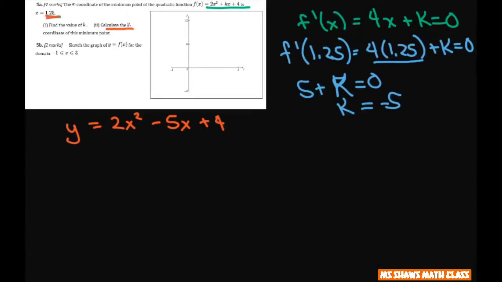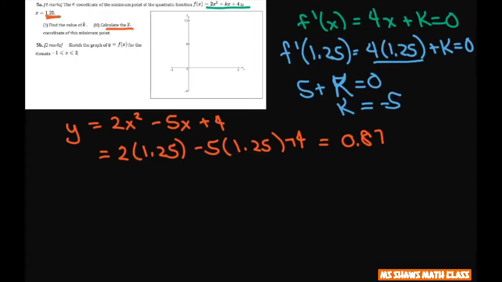So plug this in: 2 times 1.25 squared minus 5 times 1.25 plus 4. And that's going to give you 0.875.